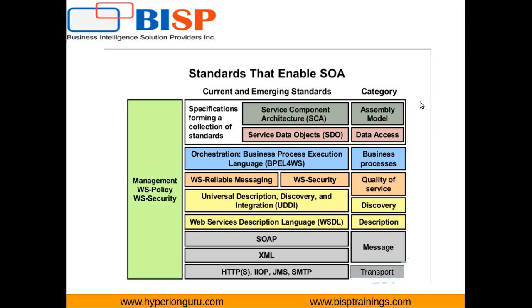Now this service data object, I want to talk a little bit about it. The service data object is defined for abstracting your data layer. You are able to access data resources using a service data object, and this would abstract that layer and give you a way of accessing your data without knowing the actual source of it.